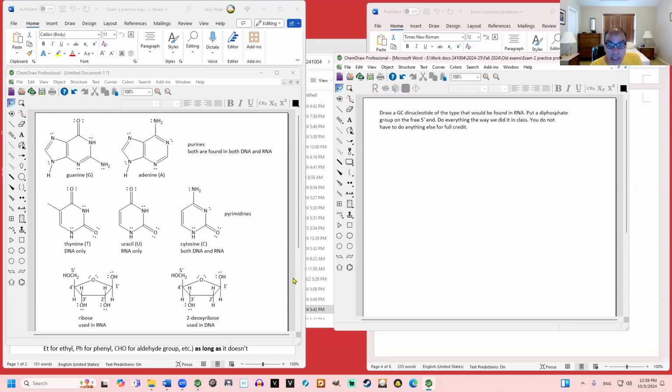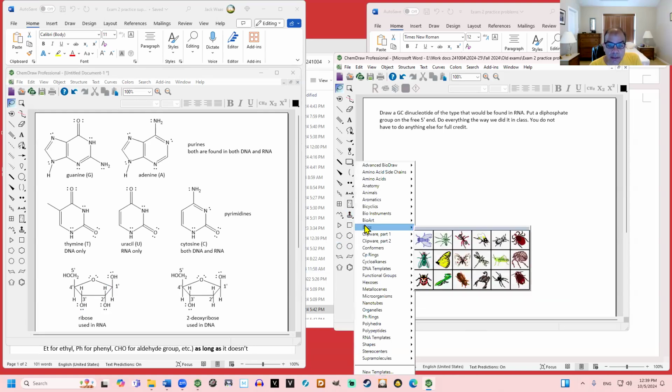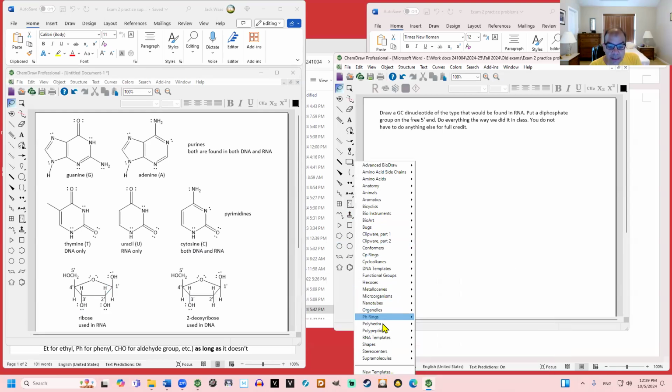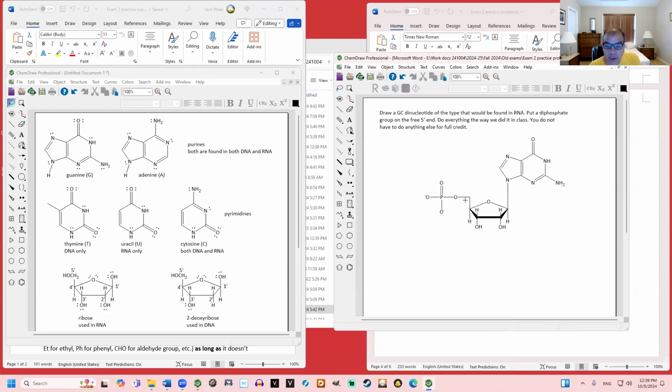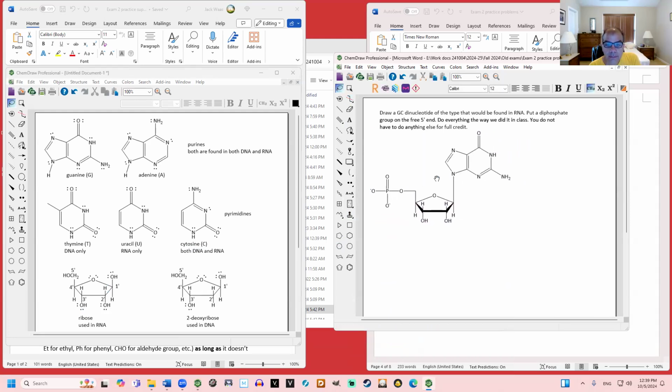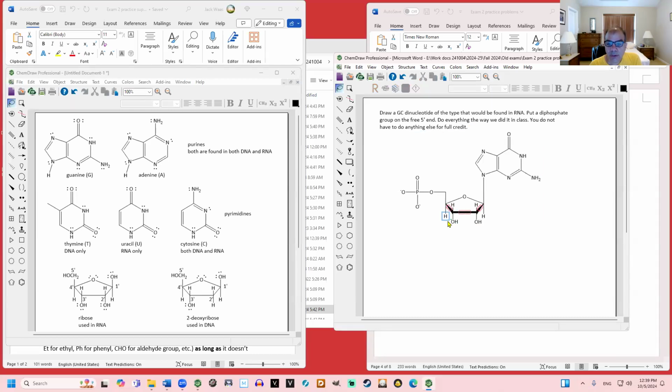Good. Since we're looking at RNA, I can save quite a bit of time here. The first nucleotide is a guanine ribonucleotide. So here we go. There is our ribose ring down here.